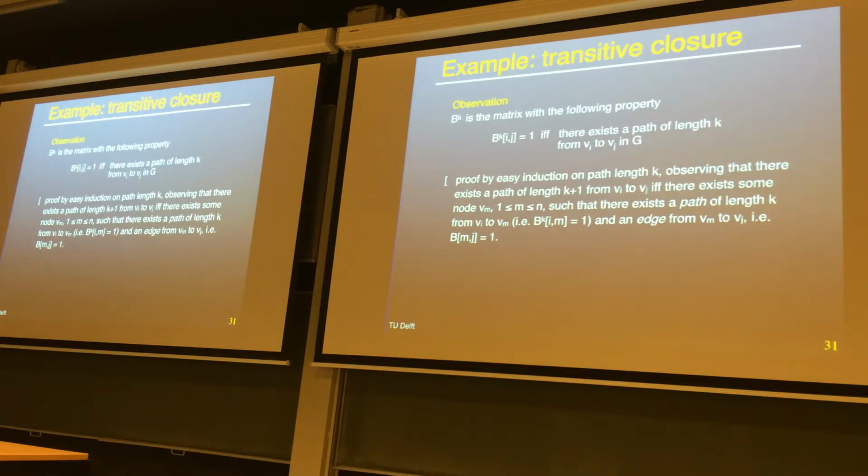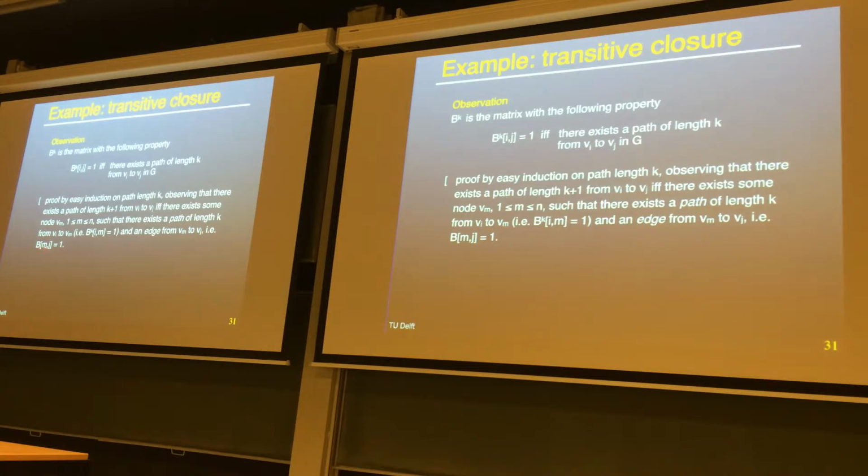So there must exist a path of length k from Vi to Vm, for some node Vm, and an edge from Vm to Vj.